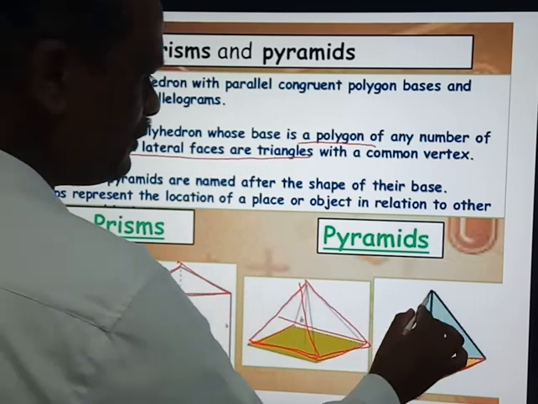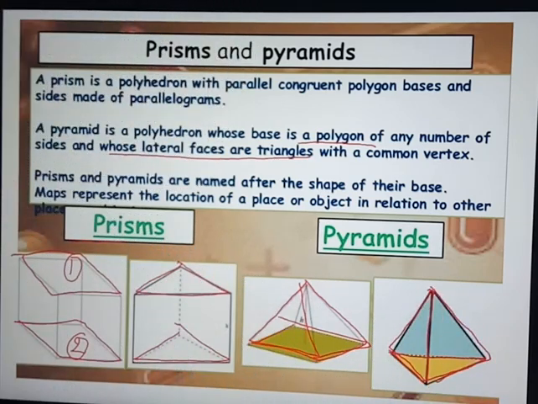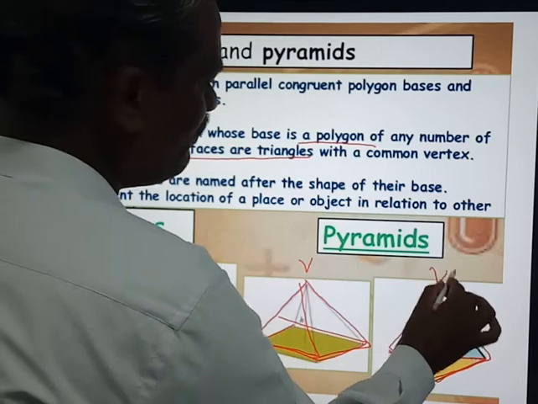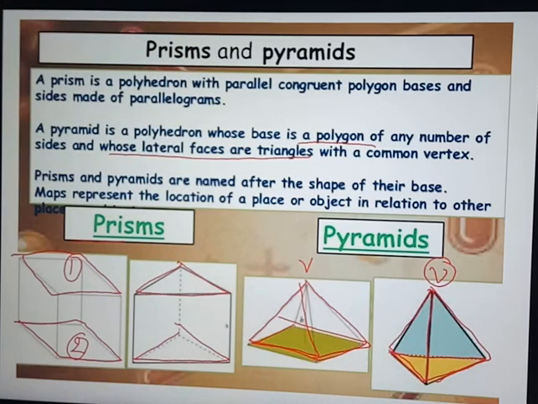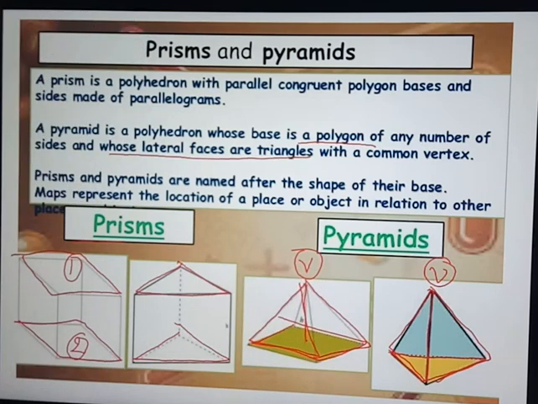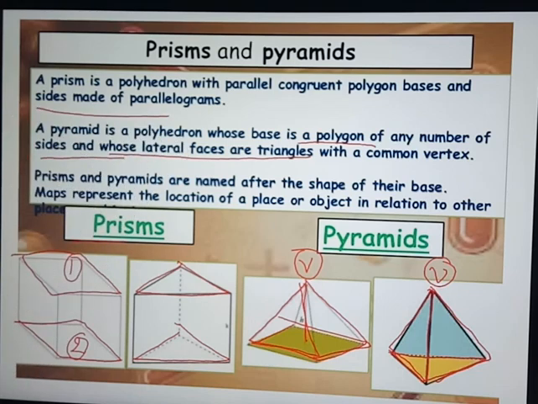These triangles meet at one common vertex, which is called the vertex of the pyramid. So that is the major difference between the prism and the pyramid.